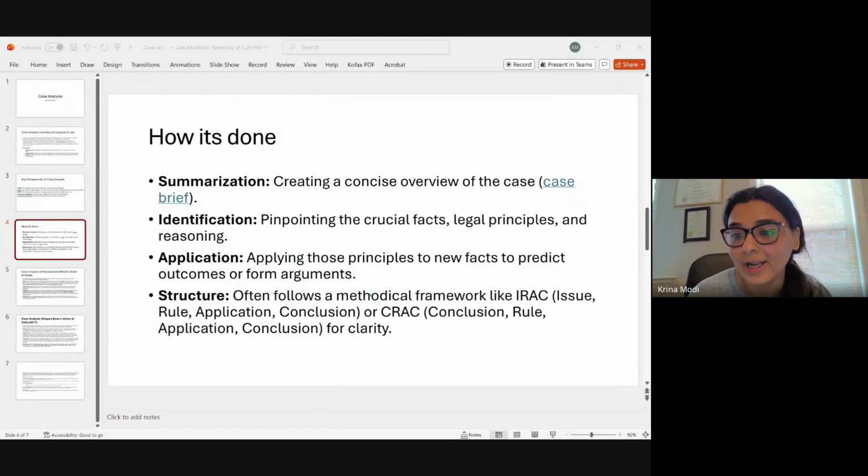Maybe AI will do that for us in the future as well. But for now, we do take help of AI to summarize our cases or to look for similar cases, to help us understand the cases. But how that particular case is applied to our case or our client is something that we still have to do. Does that answer your question?